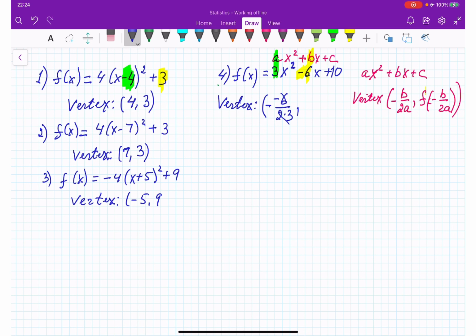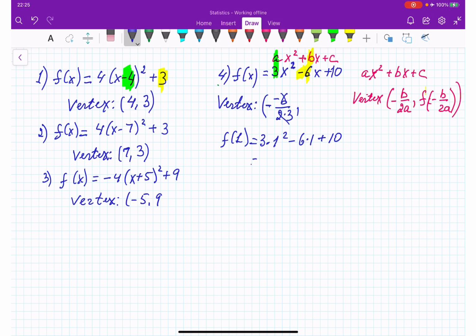For the vertex, the function f of 1 is equal to 3 times 1 squared minus 6 times 1 plus 10.